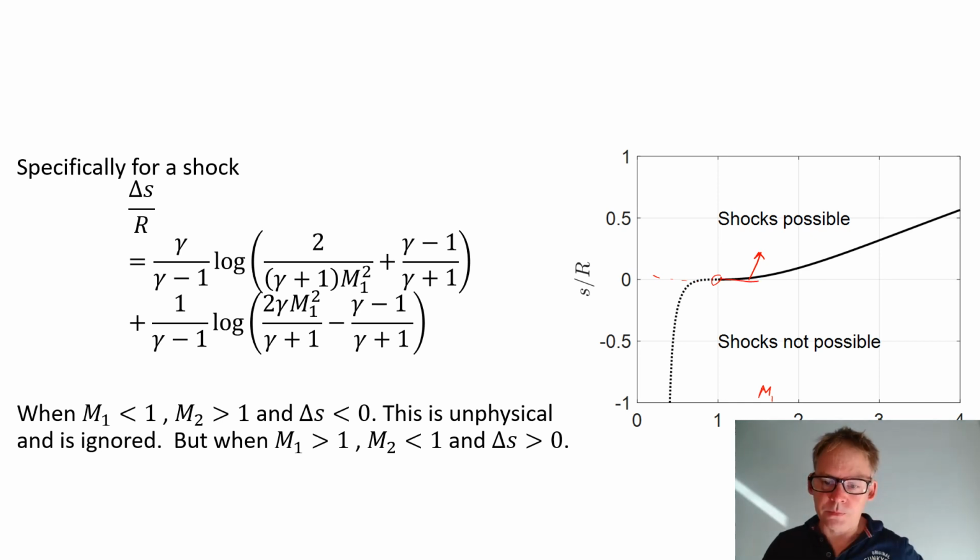If M1 is less than 1, it means the entropy decreases, and of course this is unphysical. So out of those two solutions that we can get, in terms of M1 being larger or smaller than 1, the only one that can be admitted is the flow that starts off as supersonic and then becomes subsonic. And that places an important constraint on the type of flow.